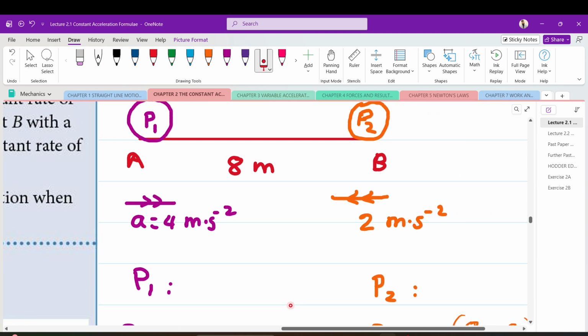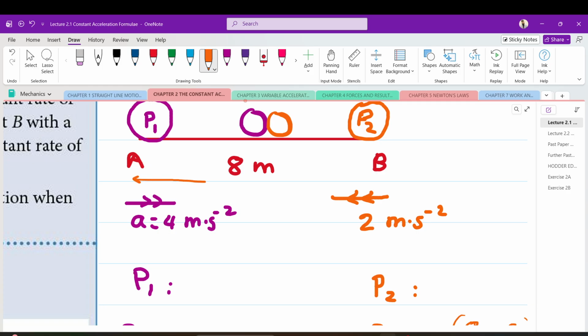Now, let's say that the particles meet over here. So let me draw it over here. If the particles meet here, the displacement S would be from point A, so it will be measured from here all the way until here. So that would be S. What would this distance be?